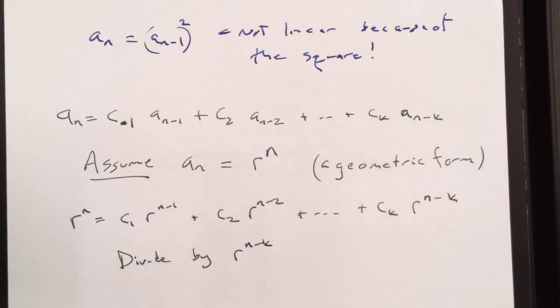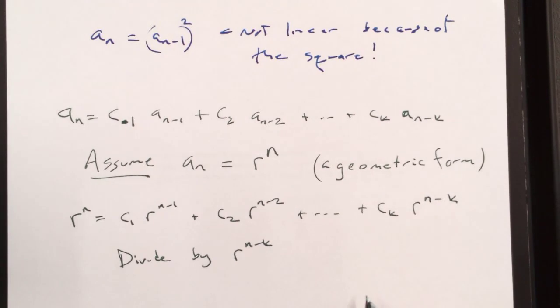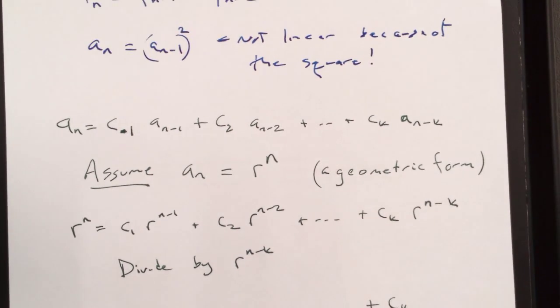Okay, wait a minute. When you take one power of x and divide it by another power of x, what do you do with powers? I subtract. Well, wait a minute. I'm dividing this by that. What do I get? I get r to the 0, which is 1. So over here on this end, I now just have ck.